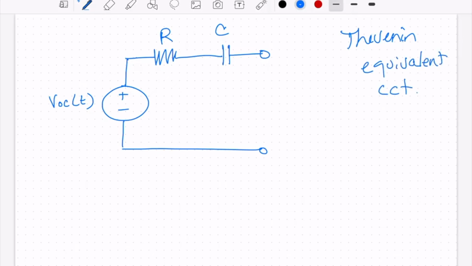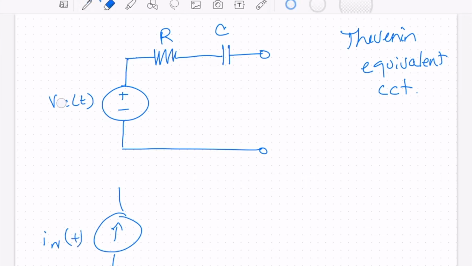We can also draw the Norton equivalent circuit. It's going to be IN of t. I should have put a t here just to be clear. So it's VT of t, which is VOC of t, and IN of t, which is I short circuit of t. And then we're going to have in parallel a resistor, and in parallel a resistor with a capacitor.